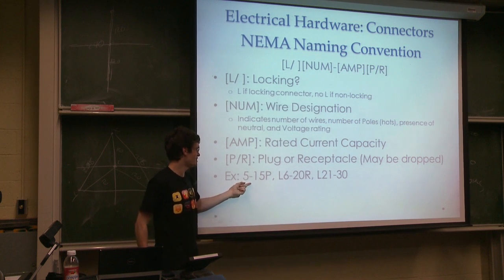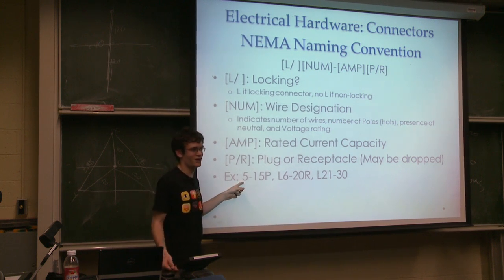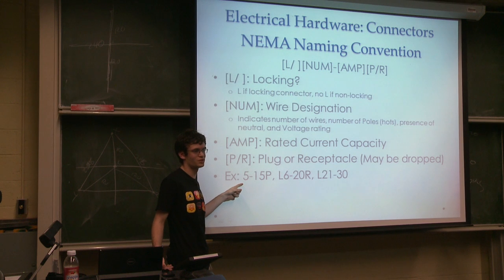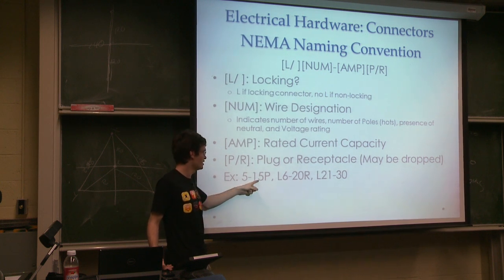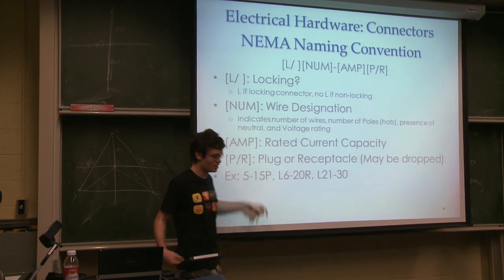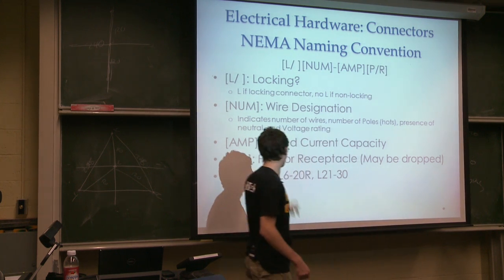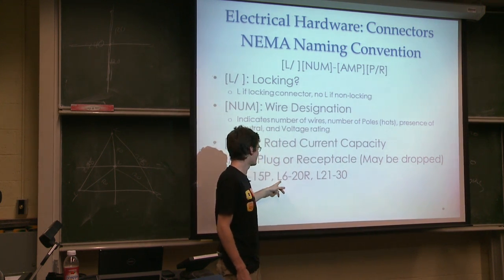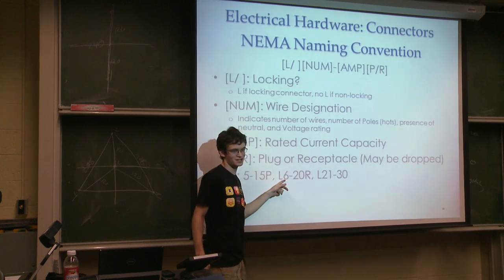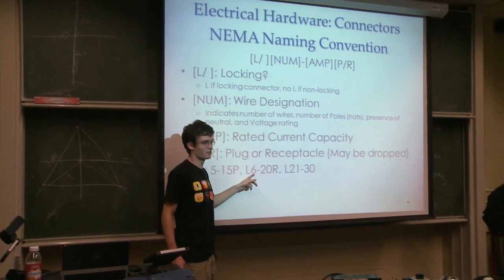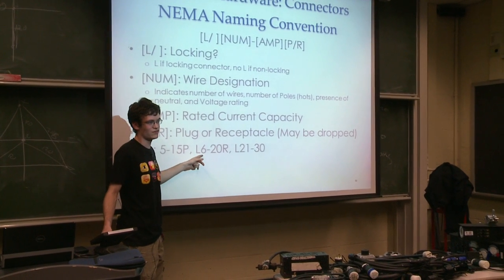There's 515P. It's number 5, which means it has 120 volt hot, a neutral and a ground. It's rated for 15 amps, and it is a plug, and it looks like this. There's L620R, so it's locking. The 6 means that it's got 2 hots and a ground, rated for 250 volts between them.